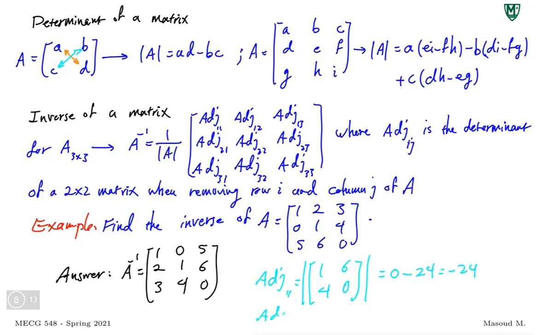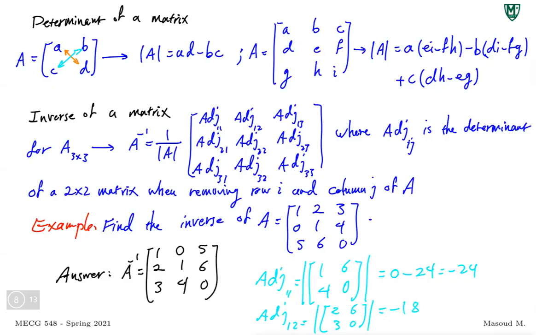Another example, let's say ADJ 1,2, with the determinant of eliminating the first row, second column. So you'll get 2 6 3 0, and that'll be 2 times 0 minus 18.